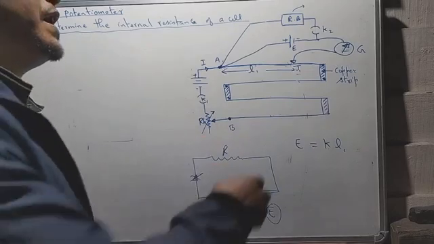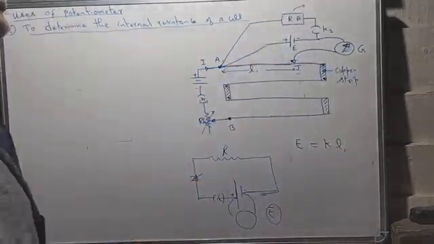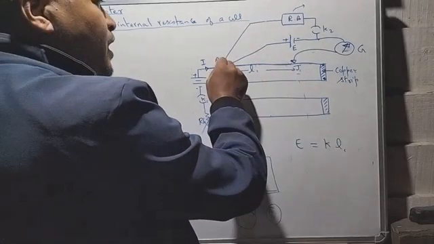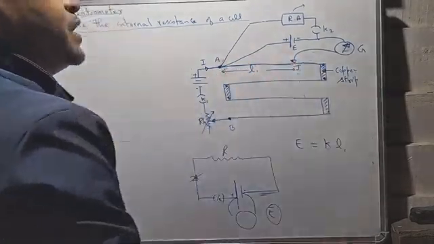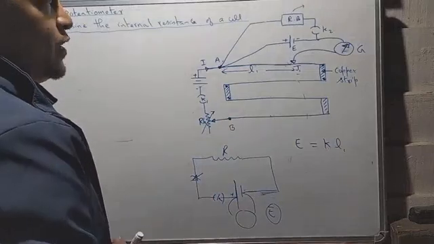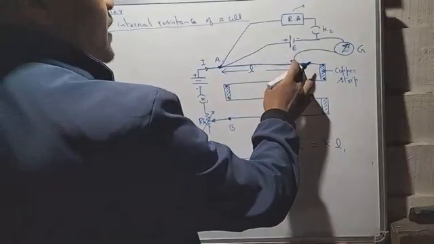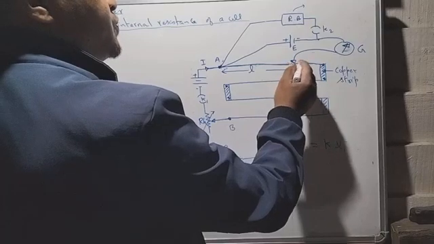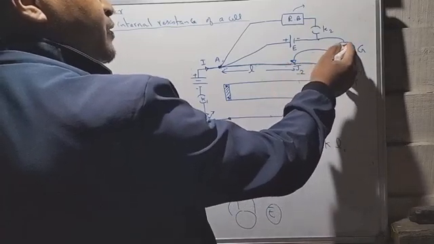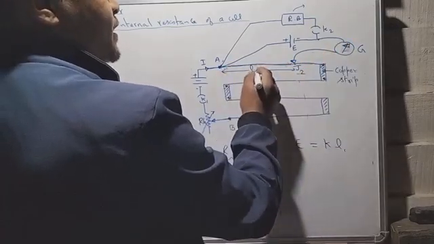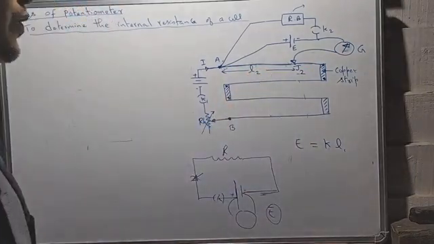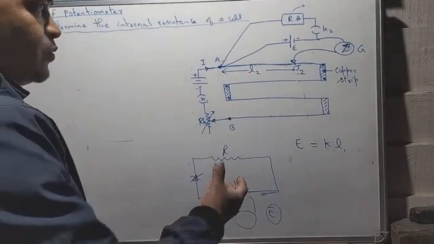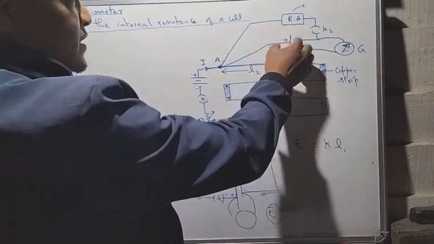So you can select any resistance that you want from here, and you slide this jockey along the wire again till you get a zero deflection. Suppose this jockey touches at point G2 and the galvanometer gives zero deflection, and this length is L2.